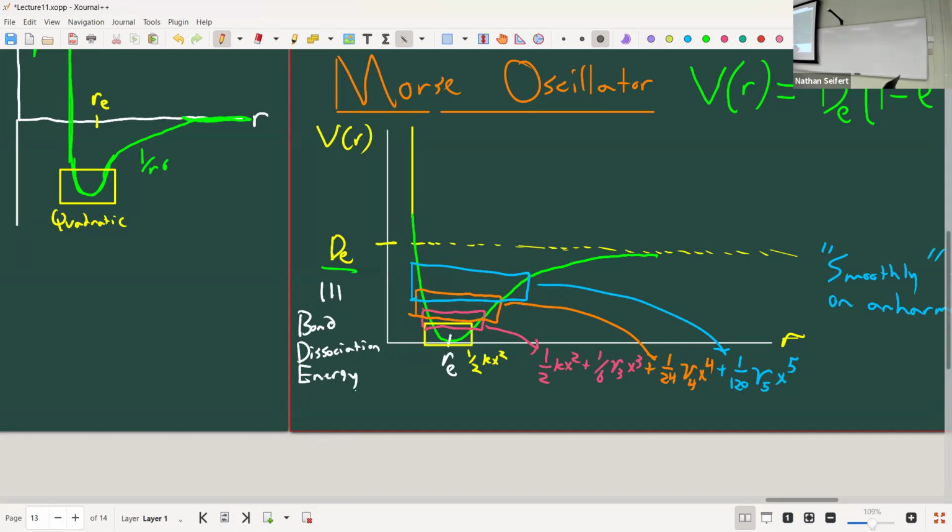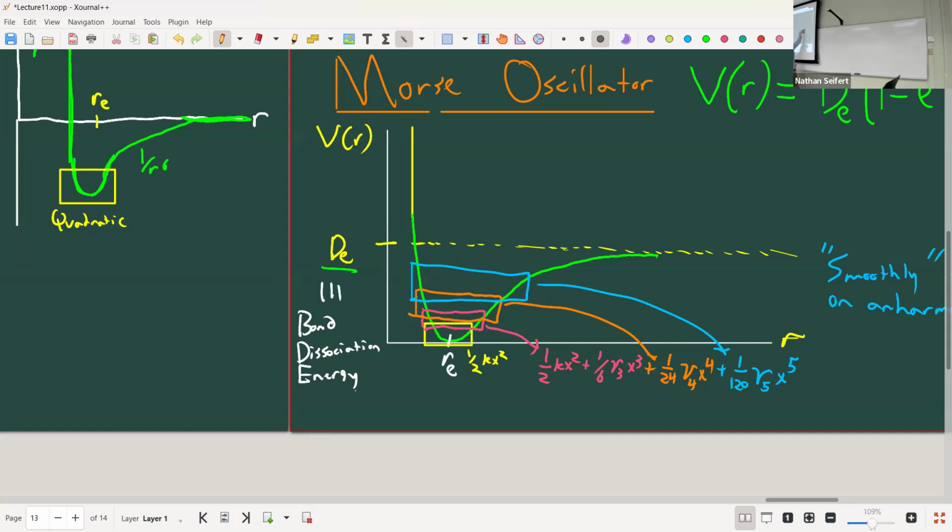And the question is, can we learn anything about D_e from the spectrum, say the energy levels? Well, one thing that we notice is that as the energy gets closer and closer to this D_e, as we get to the point where we start to stretch the bond and it starts to break, these higher order terms become pretty large. This becomes very non-quadratic.